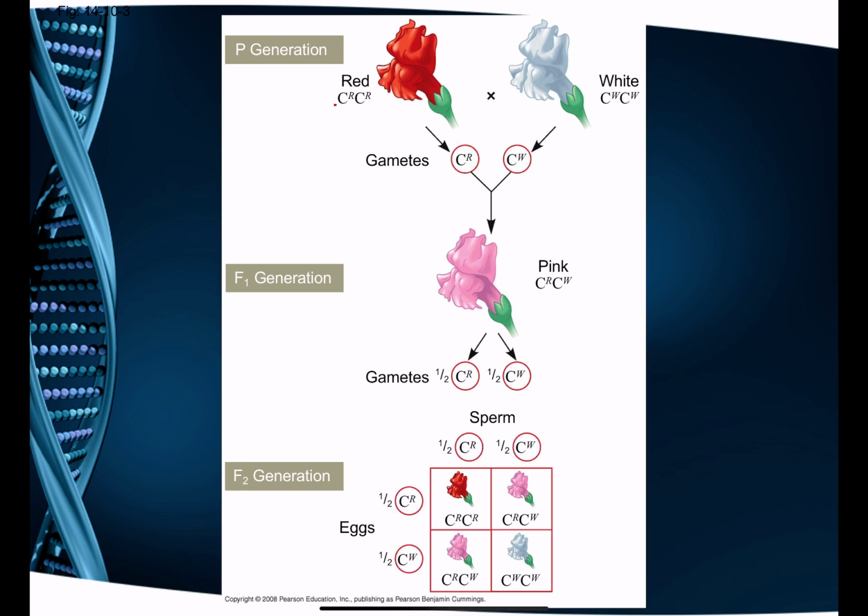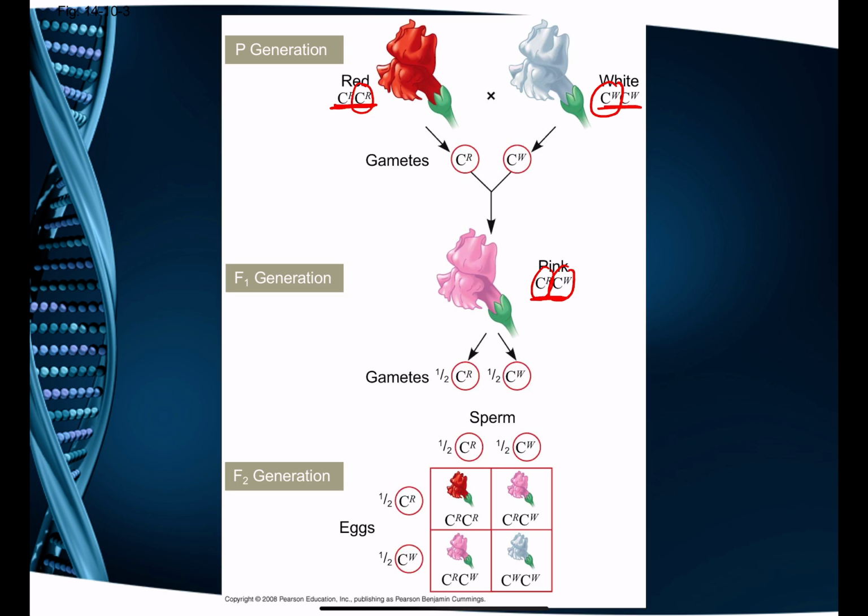In our parent generation, we have the red flower and the white flower, and we mate those together, and in the subsequent generation we have a pink flower. That pink flower has the CW allele from the white parent and the CR allele from the red parent.